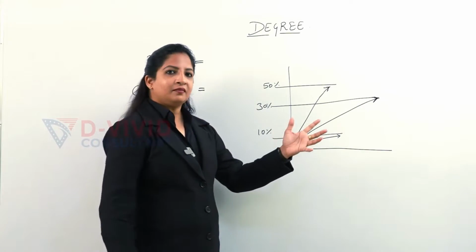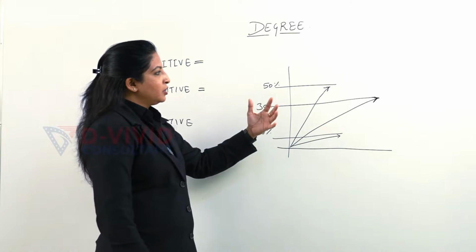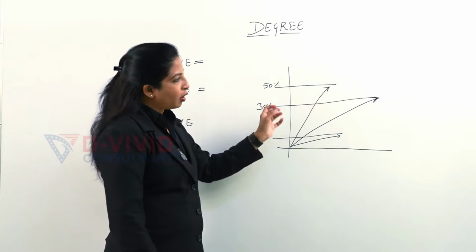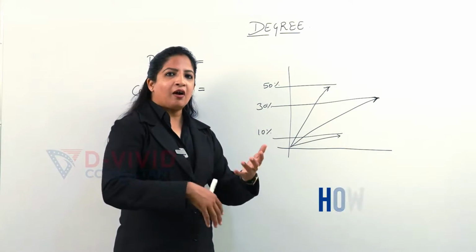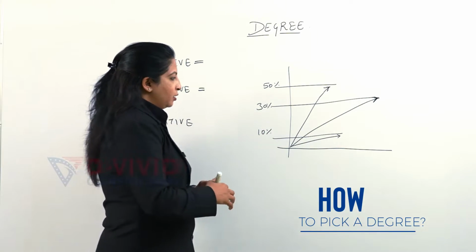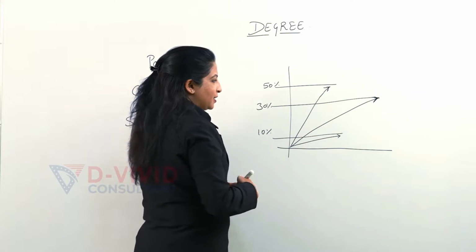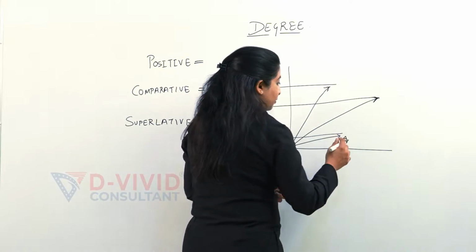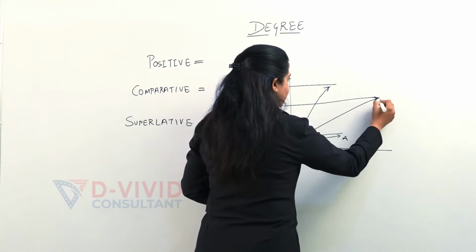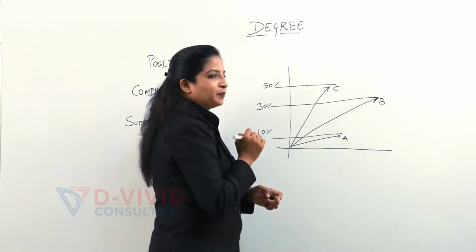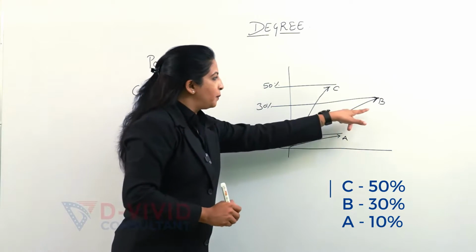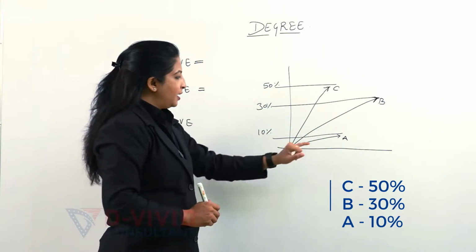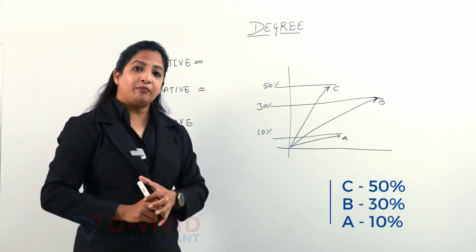Okay, so here I have tried to draw a simple line graph to help you understand how to pick a degree. So here there are 3 lines. Let us give them a name, say A, B and C. Okay. Now C is 50%, B is 30% and A is 10%.